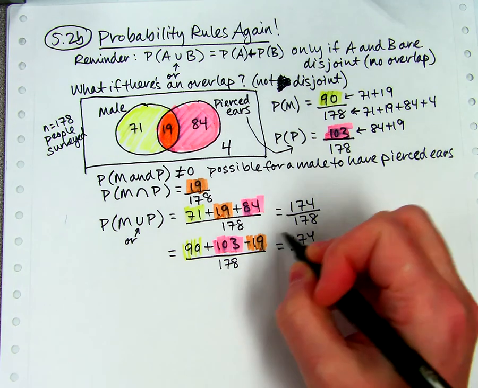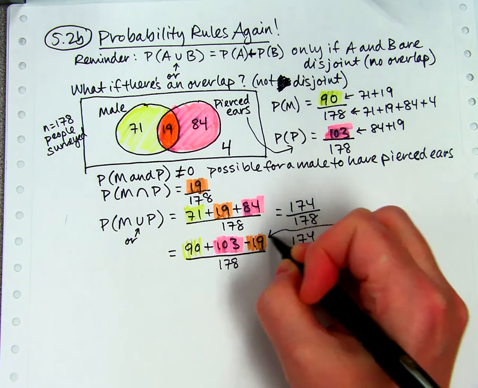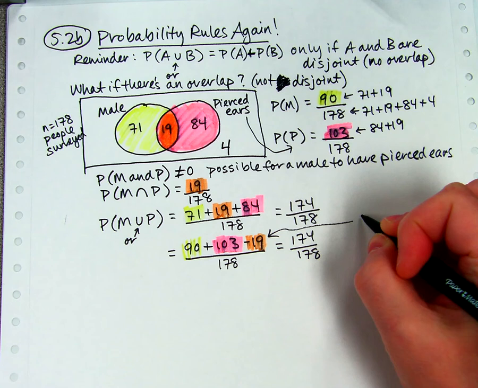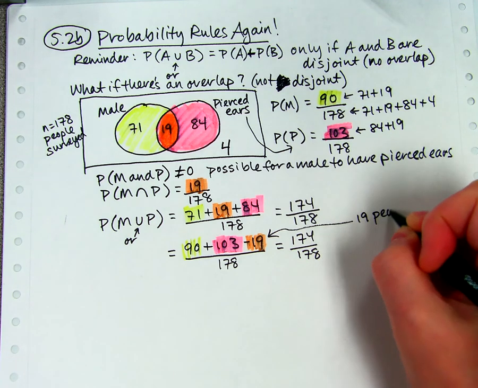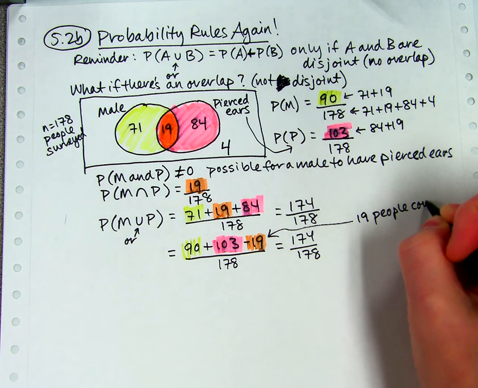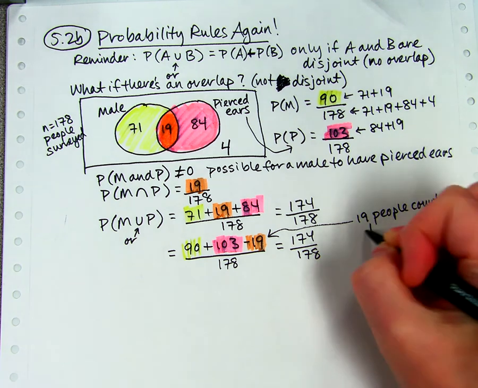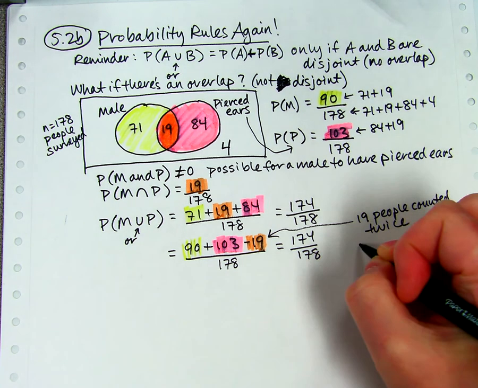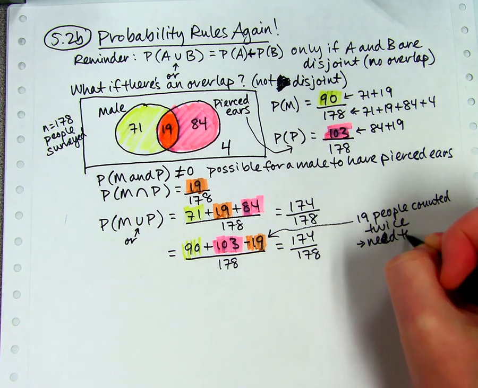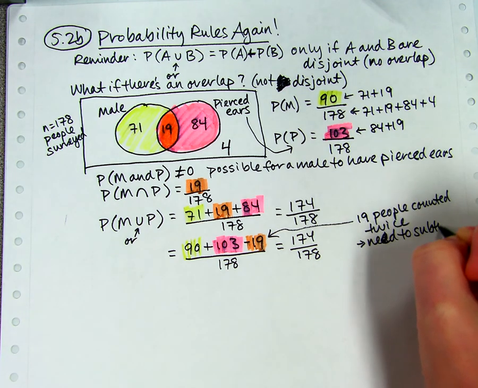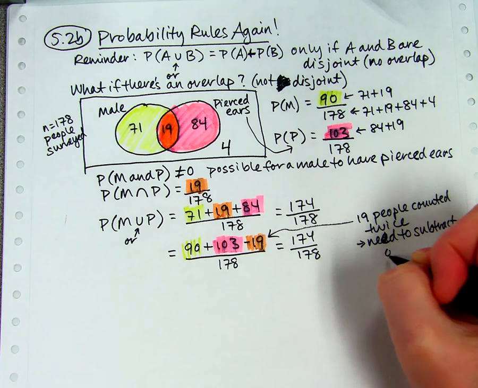And I want to make sure you know that this 19 is the both. We're subtracting the people that got counted twice. So we need to subtract them so that we don't count them twice, or subtract the overlap.